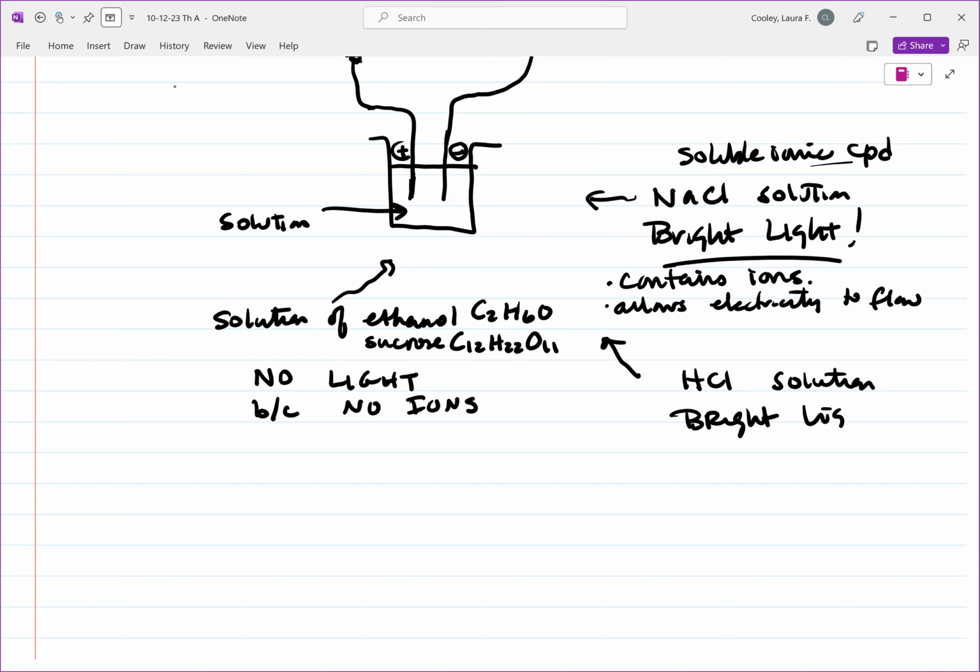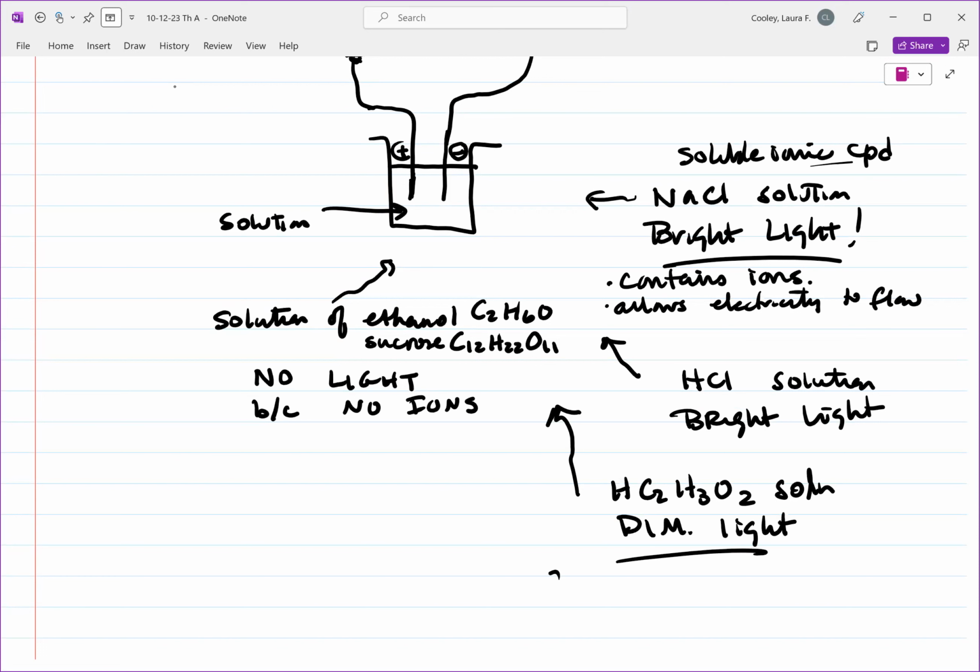Bright light. Okay, what if you put in acetic acid instead? It would light up, but it would be a dimmer light. It's because there's fewer ions.